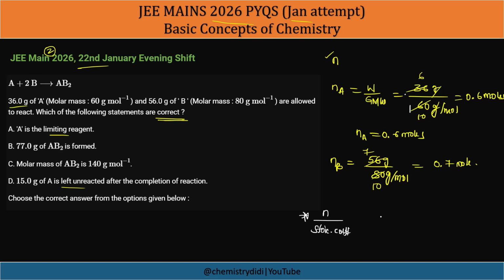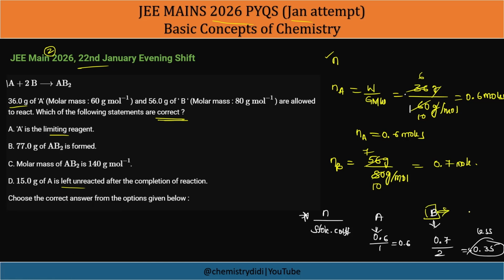For A, the number of moles is 0.6 and the stoichiometric quotient is 1, so 0.6. For B, the number of moles is 0.7 and the stoichiometric quotient is 2, so you'll get 0.35, which is a lesser value than this. So you can say B is the limiting reagent over here.